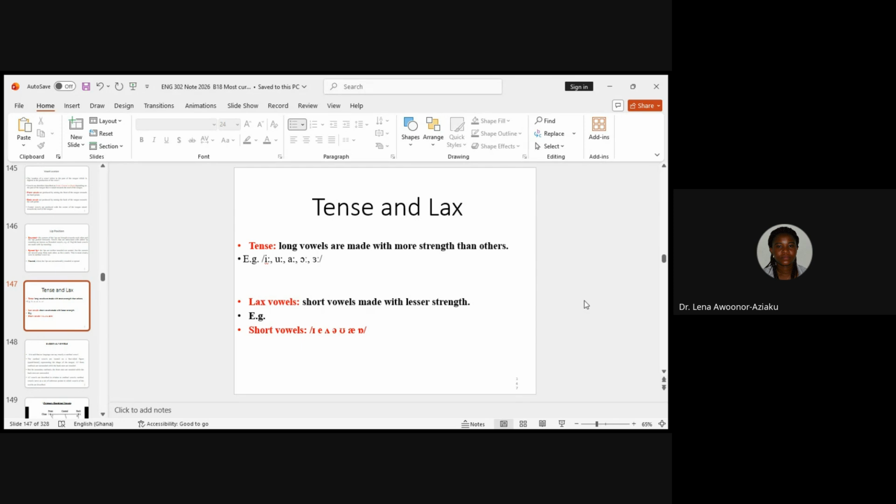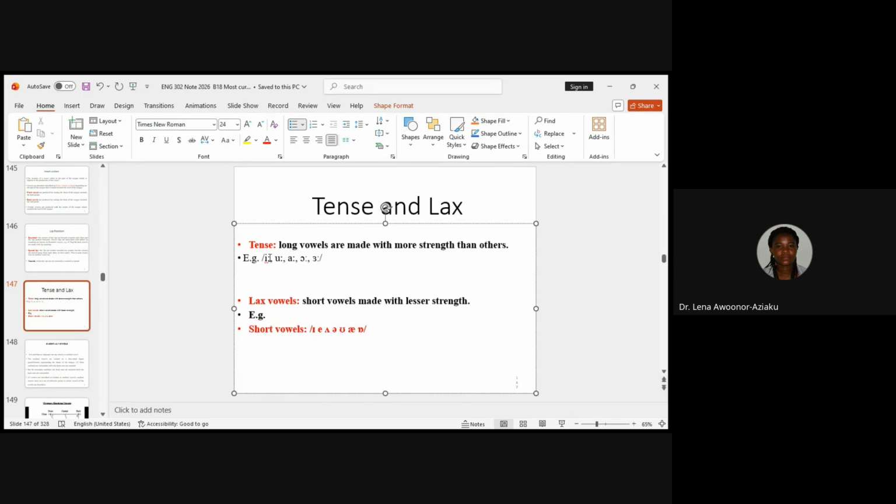The length mark, which is a diacritic mark, these 2 dots. When you see 2 dots against a sound, it means that sound is long. It means you have to produce it long. In some languages, they repeat the sound to show that that sound should be pronounced long. But in English, they put a diacritic mark, which is 2 dots.